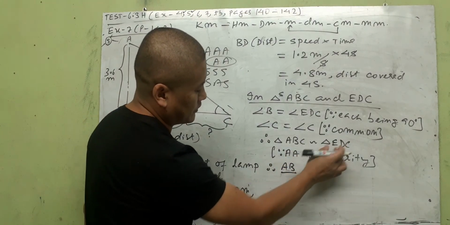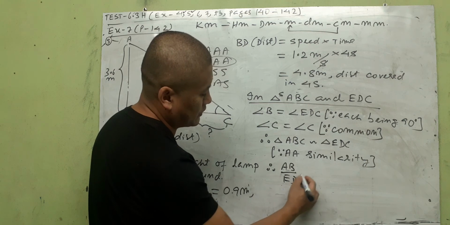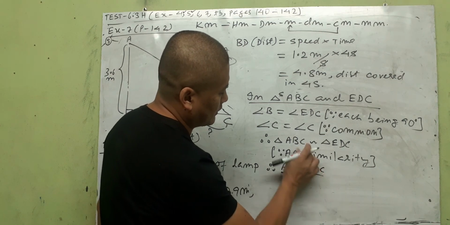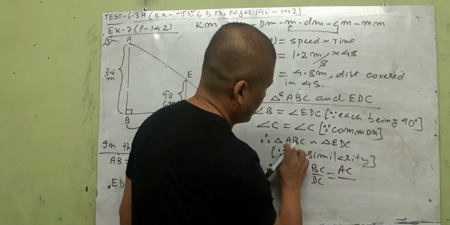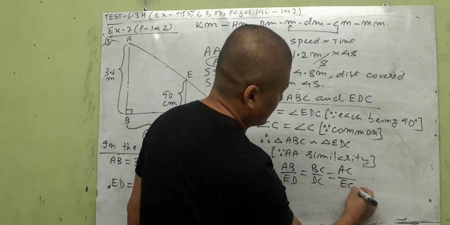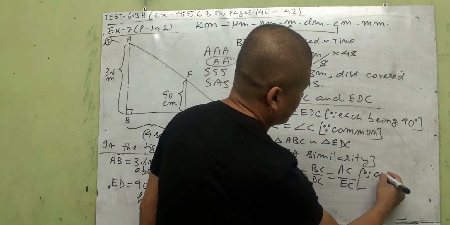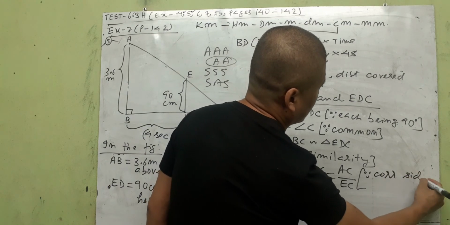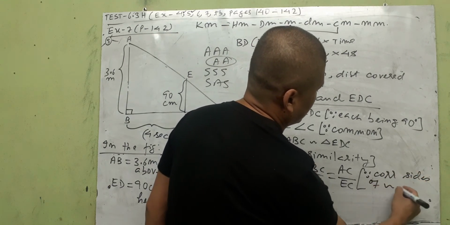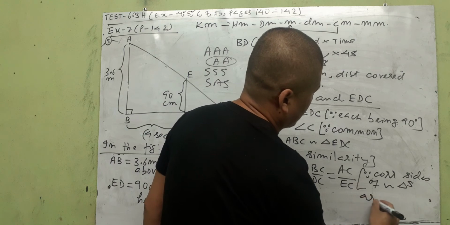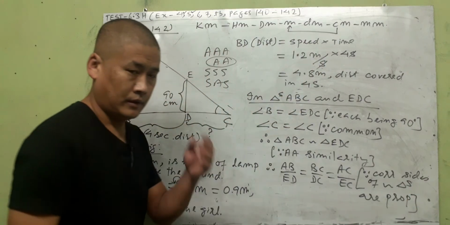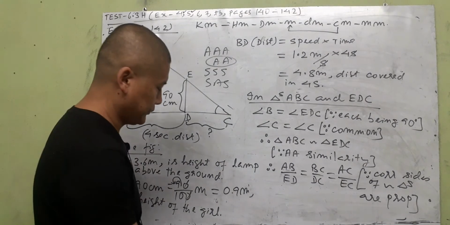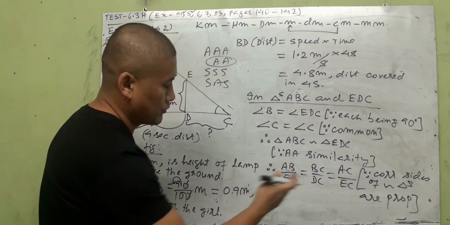First 2 letters, means here also first 2 letters, that's called proportional. Second and third, BC here, means here also second and third, that is called proportional. First and third, AC here, also first and third, that's called proportional. I'm going to give the reason here, since corresponding sides of similar triangles are always proportional to each other.